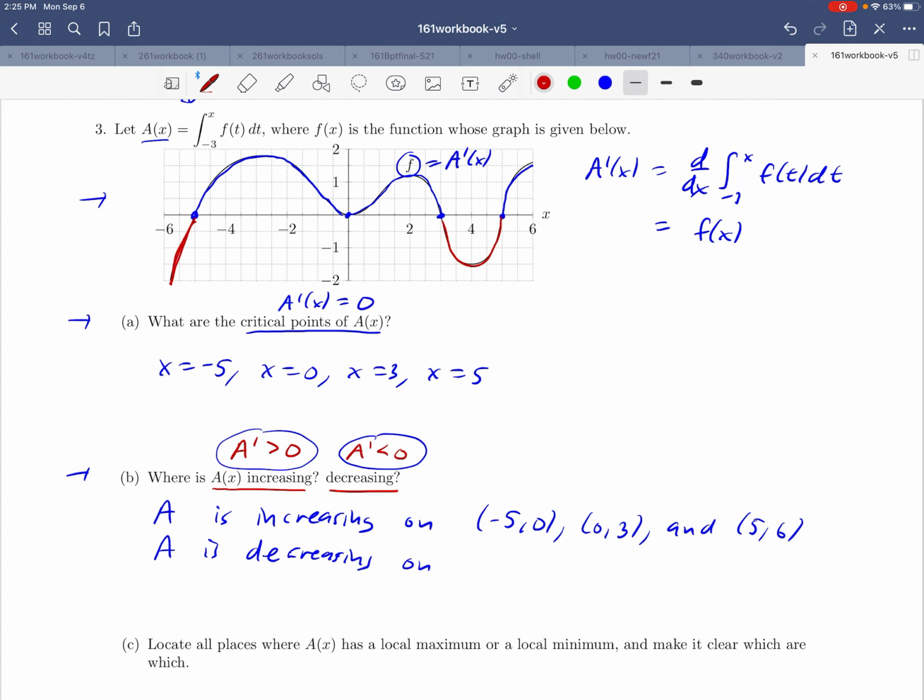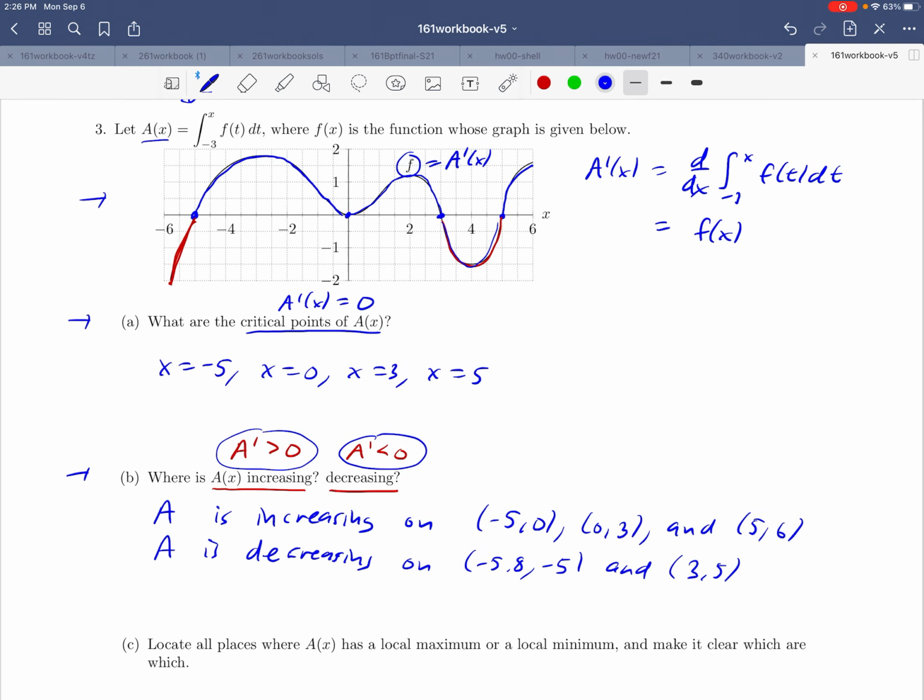This stretch sort of cuts off a little bit to the right of -6, so maybe -5.8 to -5, and then again this stretch here looks like 3 to 5.